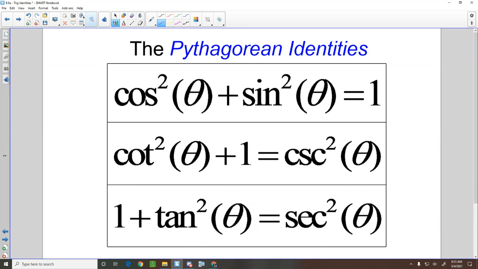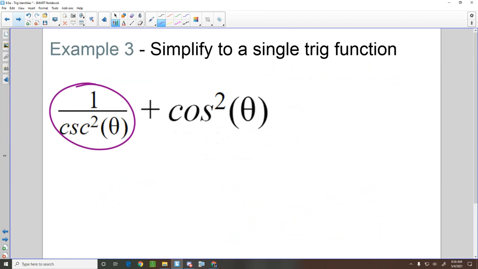So first, can I get rid of that denominator? 1 over cosecant squared. How can I rewrite that as a single trig function that's not in the denominator? Since I basically want to flip it, I should be thinking reciprocals. So what reciprocal identity can I use? 1 over cosecant is the same as which regular trig function? Just sine. And so we're going to write this.